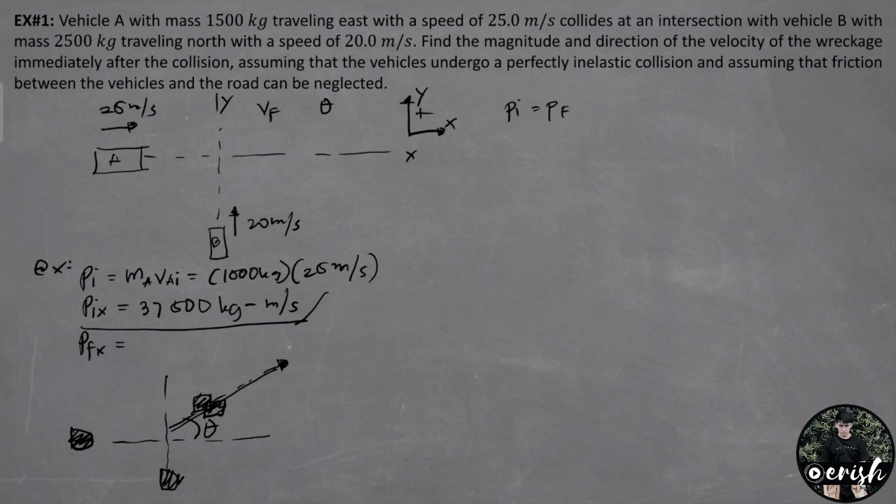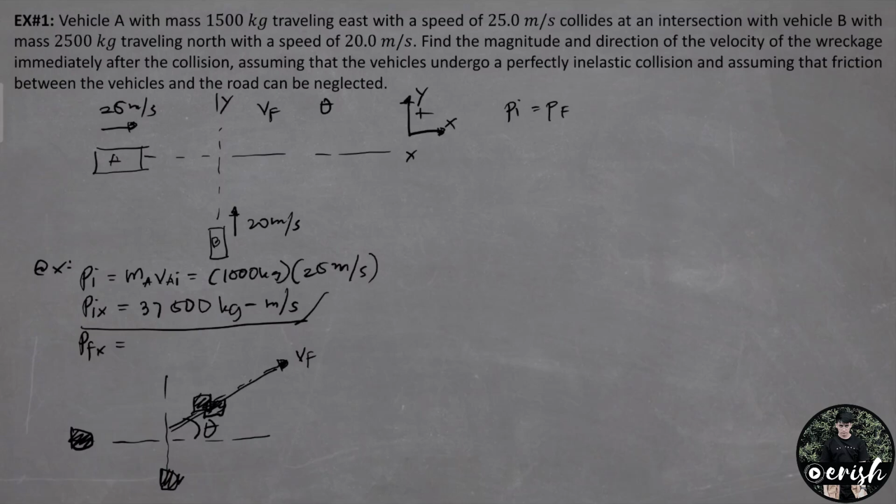And since nagdikit na sila, perfectly inelastic collision, yung velocity ni vehicle A and velocity ni vehicle B final after the collision ay iisa na lang. Kaya nga ilalagay na lang natin as the final velocity, and that is the velocity after the collision. And since nagdikit na sila, yung kanilang masses, pagsasamahin na lang natin.